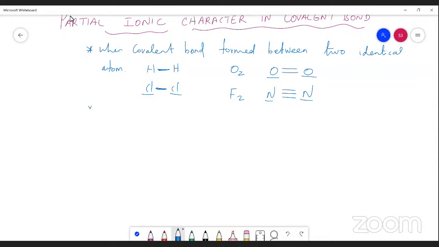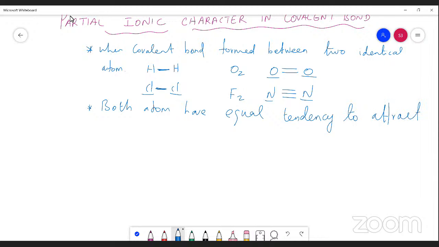Okay, here both atoms have equal tendency to attract the shared pair of electrons.